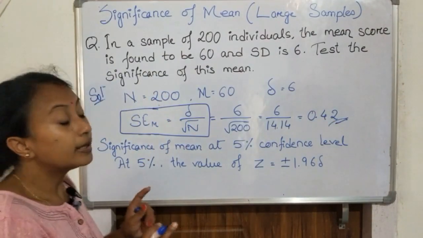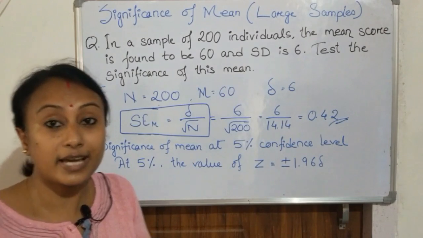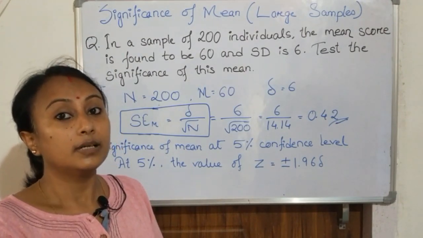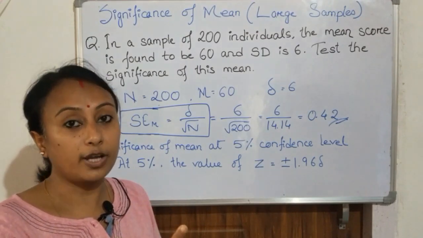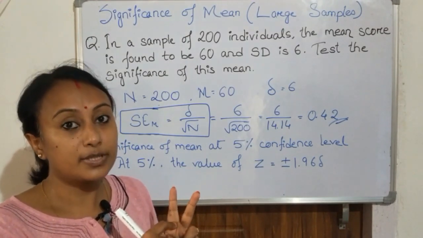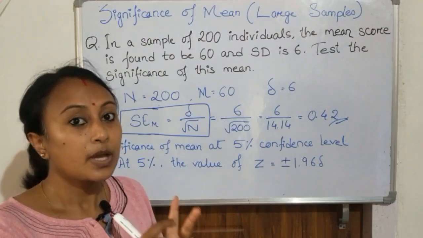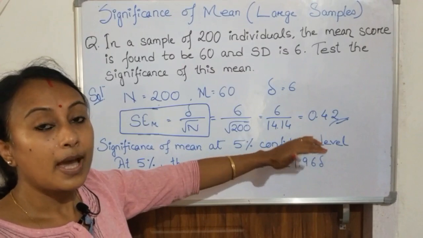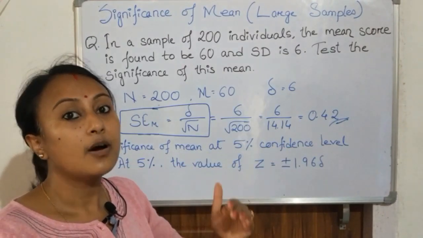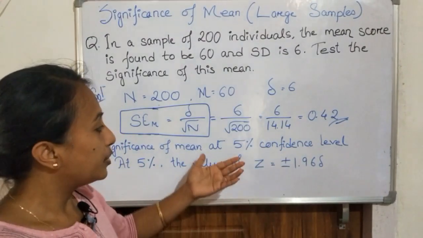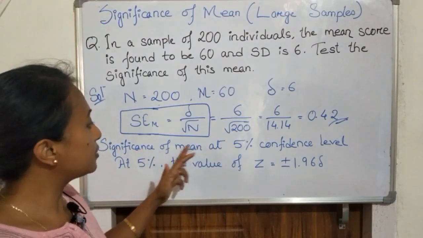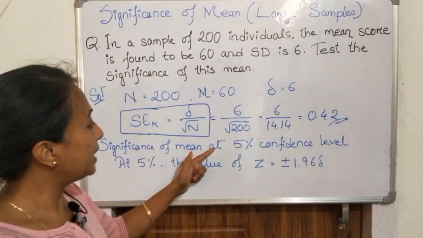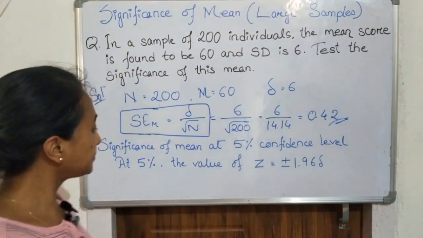Generally we look at the significance of mean at two levels of confidence. One is at 99% and another is at 95%. The 95% is also called the 5% confidence level, and 99% is also called the 1% confidence level. So you may write it either as significance of mean at 95% confidence level or at 5% confidence level.